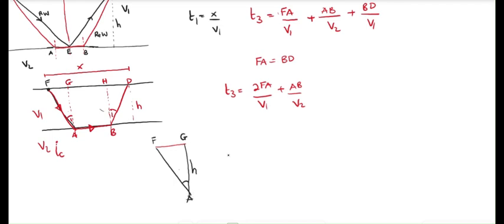FA is my hypotenuse, right? So I can see that h over my hypotenuse, that's adjacent over the hypotenuse, is equal to cos of the angle. Which angle is there? The critical angle of incidence, i c. And so if I want to make FA the subject, it's going to be h over cos i c. You get it? You get it?